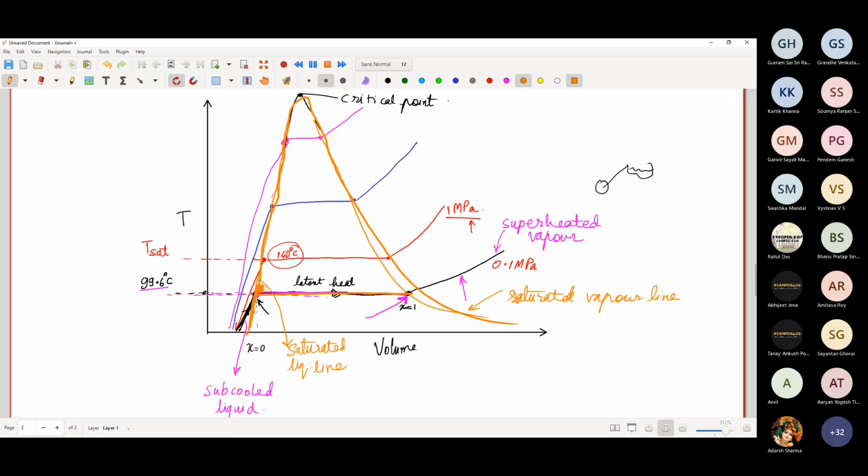And this locus gives you the set of points corresponding to different pressures who are at saturated liquid. This curve shows the set of points at different pressures who are at saturated vapor.